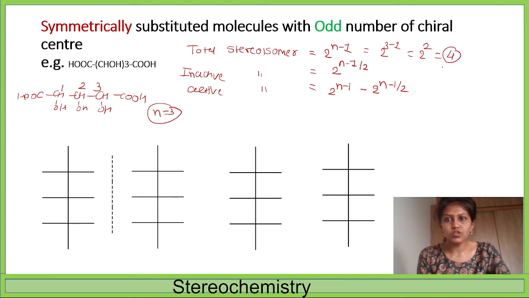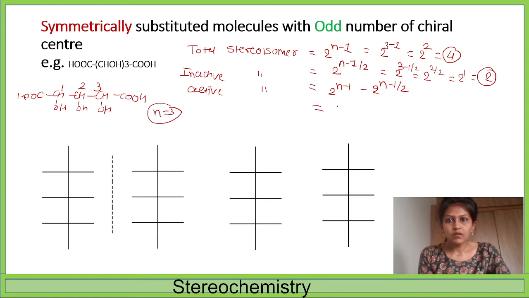So a total of 4 stereoisomers are present, in which the optically inactive count is 2 raised to (3 minus 1)/2, that is 2 raised to 1, so 2 are optically inactive.